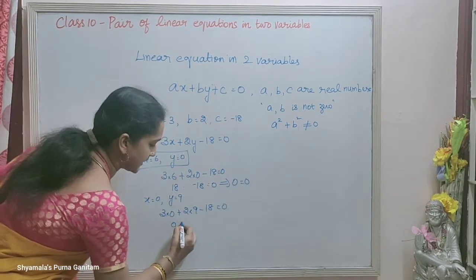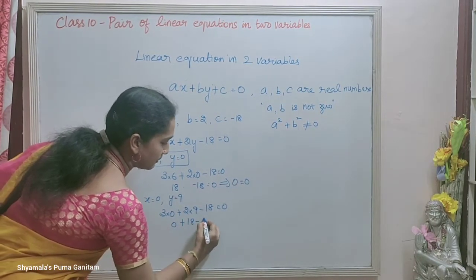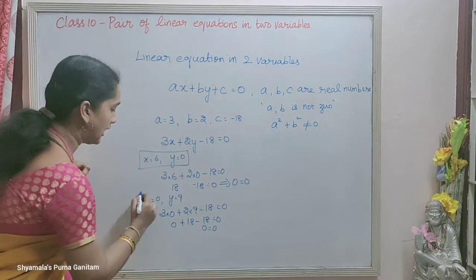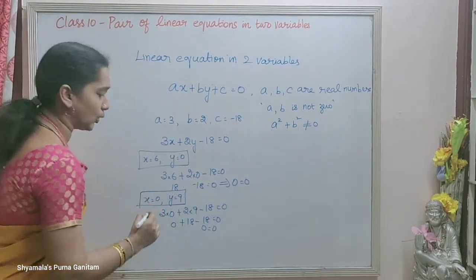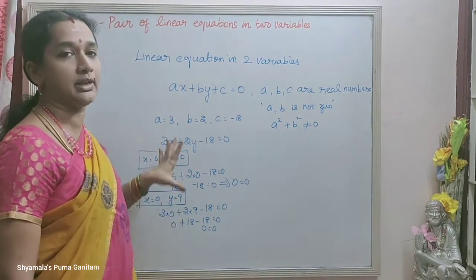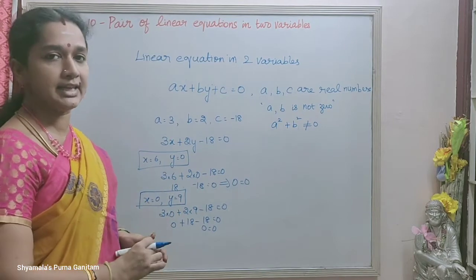So we will get 0 plus 18 minus 18 is equal to 0. So x is equal to 0 and y is equal to 9 will form another solution for the given linear equation.